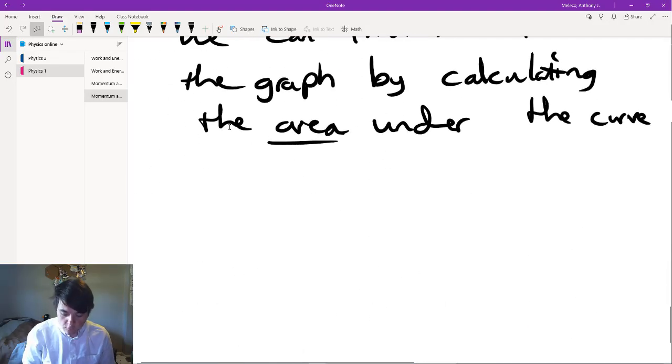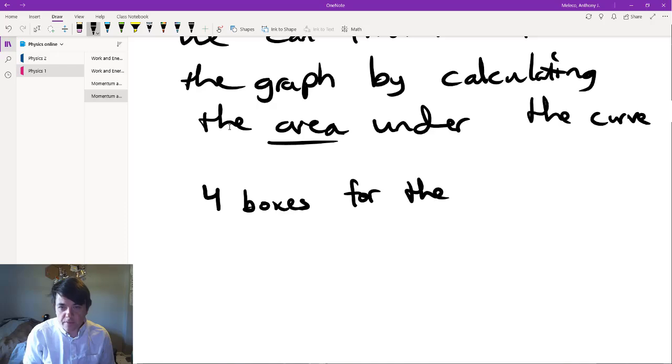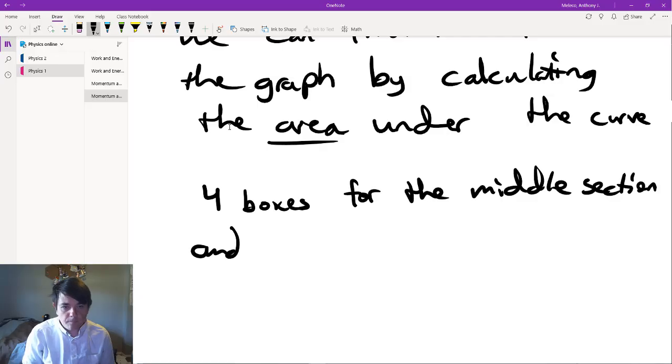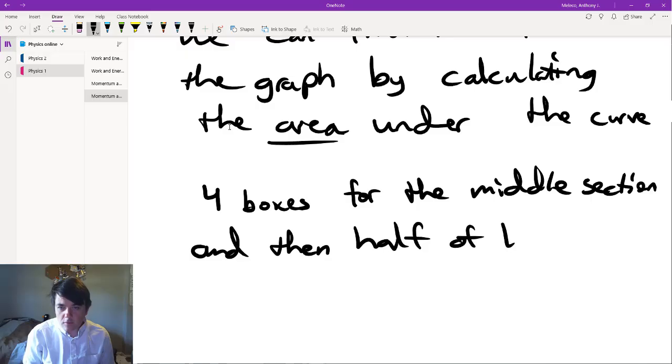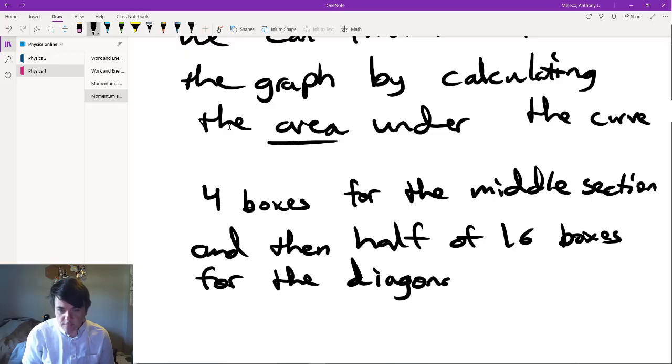Okay, so this would be 4 boxes for the middle section, and then half of 16 boxes for the diagonal sections.